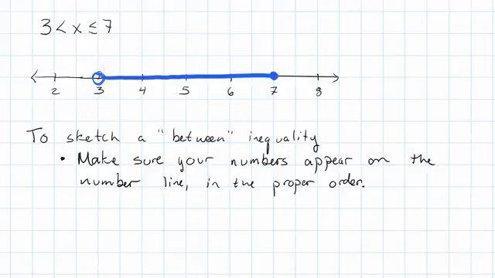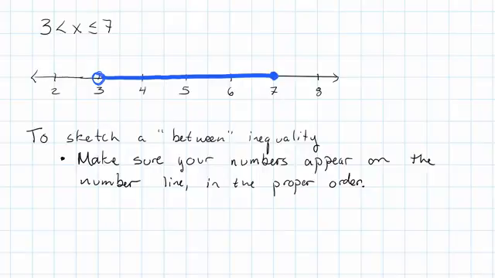So to sketch a between inequality, first we need to make sure that our numbers appear on the number line in the proper order. What do I mean by in the proper order? I mean 3 has to come before 7. Sometimes we're going to skip writing in some numbers, but make sure that if 3 is less than 7, 3 actually shows up to the left of 7.